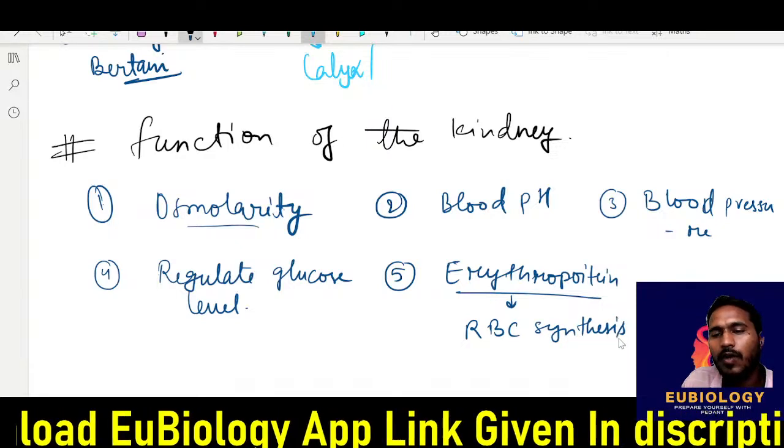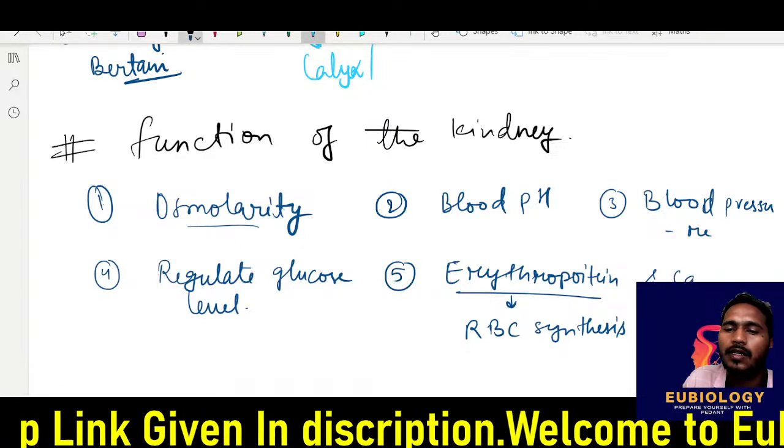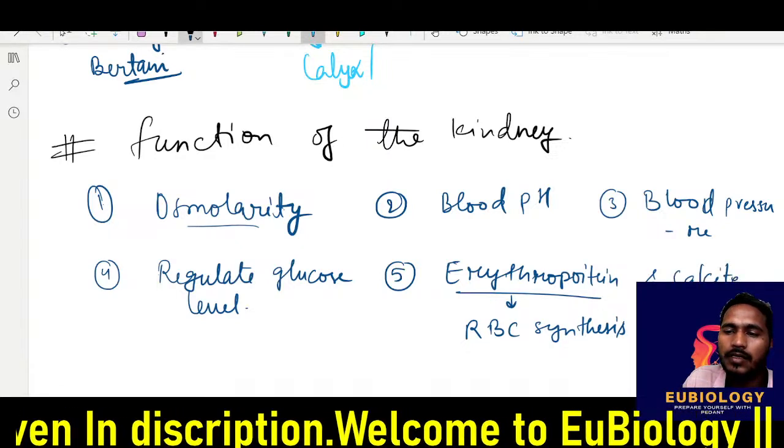One more hormone it will release, that is calcitriol.